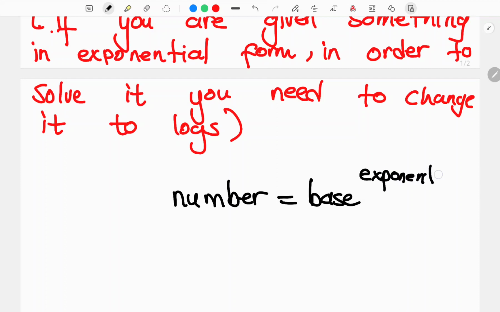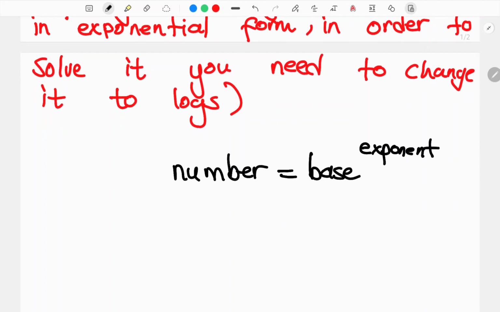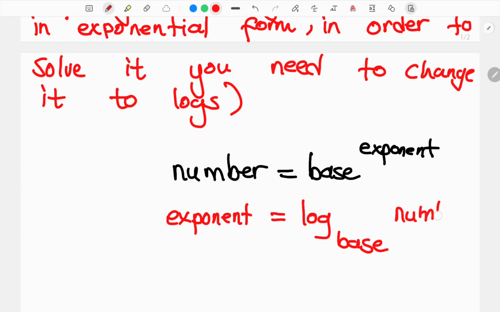To convert this into log form, the exponent equals log, with the base here and the number here.